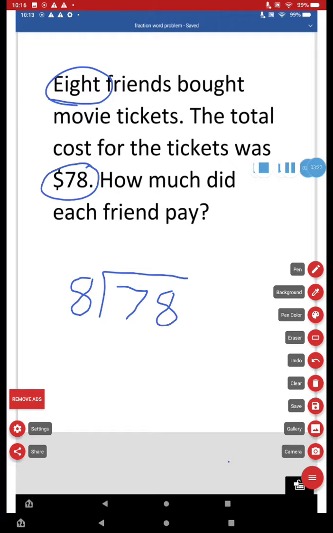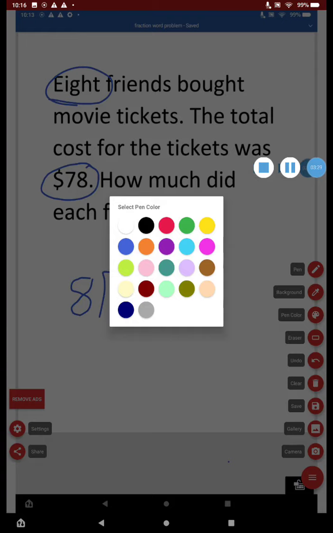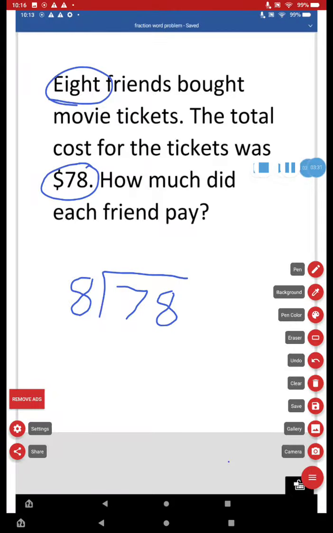Let's change color and divide together. Can 8 fit inside of 7? No, it can't. Can 8 fit inside of 78? Yes. Remember, if you're having trouble seeing how many times 8 can fit into 78, check your multiplication chart.